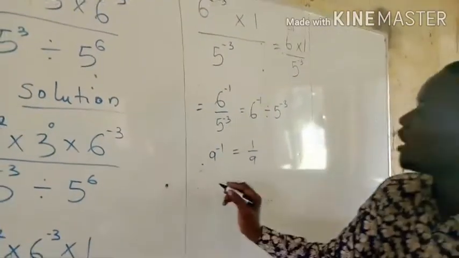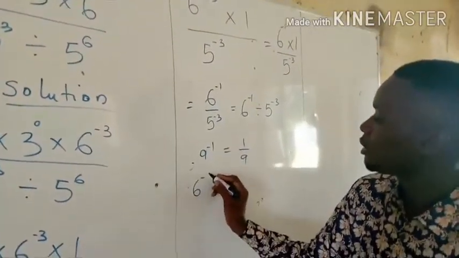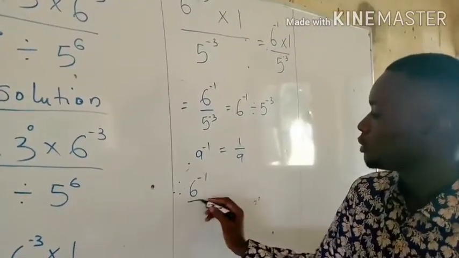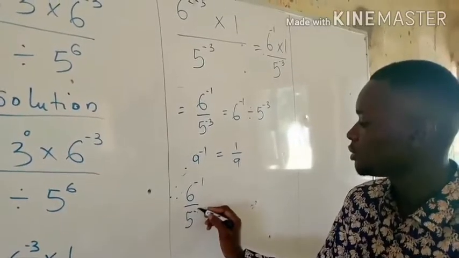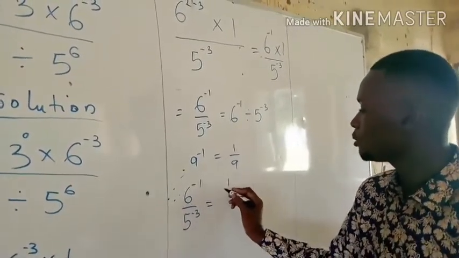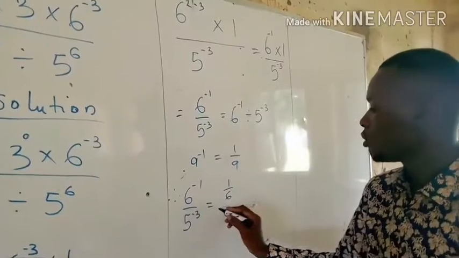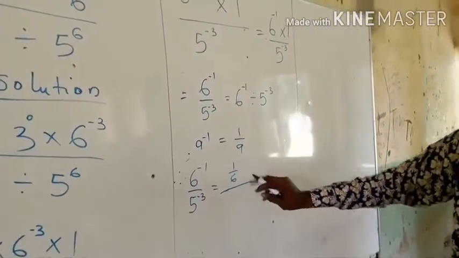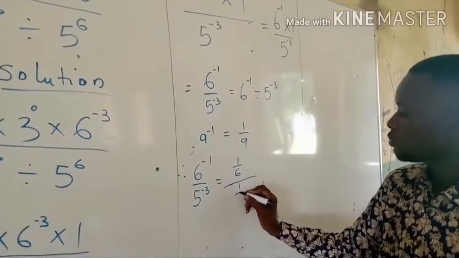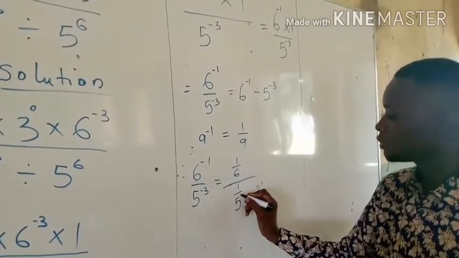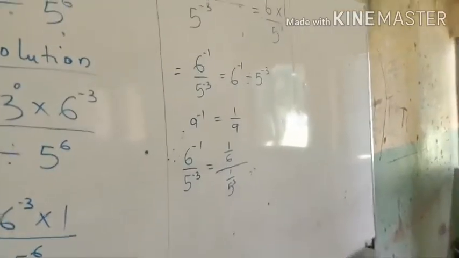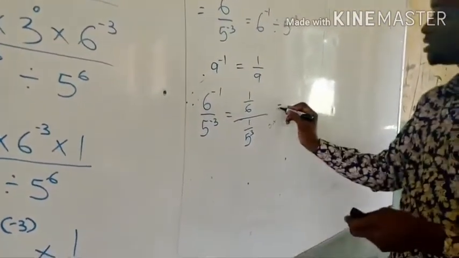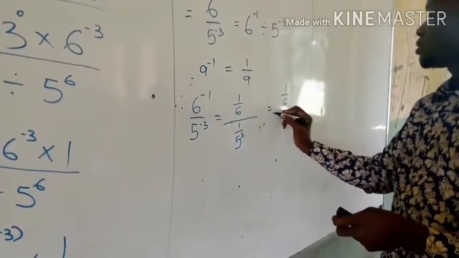That means our 6 raised to the power minus 1 all over 5 raised to the power minus 3 is the same thing as 1 over 6 all over, see, my all over is bigger than this one, right? Then 1 over 5 raised to the power 3. You can see it, right? This is still the same thing as 1 over 6 all over.